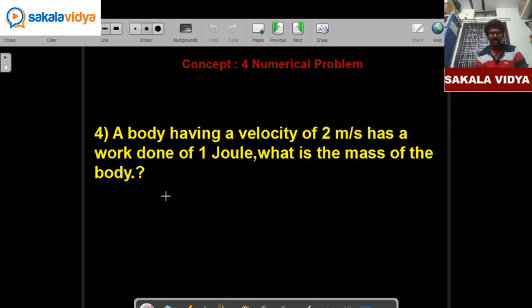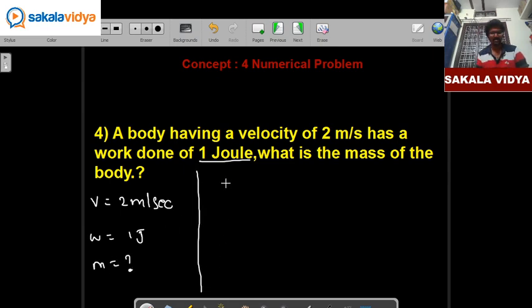A body of mass m with velocity 2 meter per second having a work done of 1 joule. So work done is given here, work done is equal to 1 joule. What is the mass of the body? So we have to calculate the mass of the body. So what is the work done formula according to our concept? Work done is equal to half m v square. When work is given and velocity is given, you have to find mass.